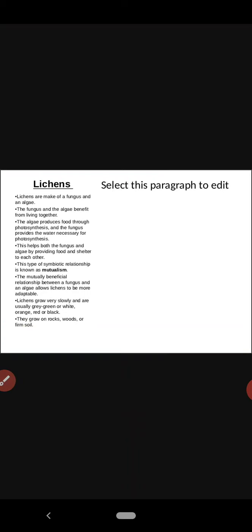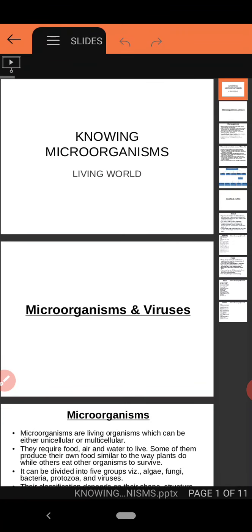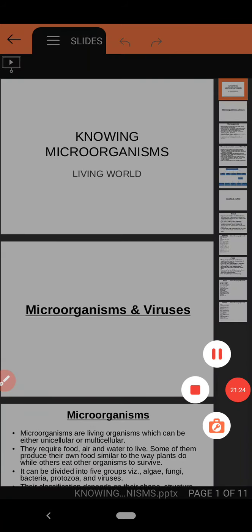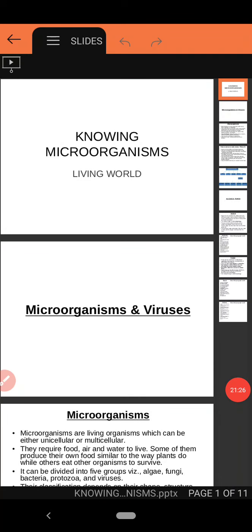You will see them on wood or on a wall in moist areas. They grow on rocks, wood, farm soils, etc. So this much in this slide.